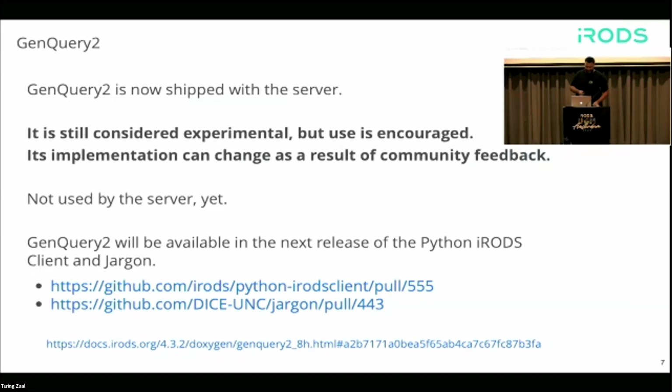CT. There we go. So thanks for that contribution. Jargon was also recently upgraded to include jQuery 2 support. We have not released new versions of these clients with jQuery 2 support just yet, but we hope to very soon.